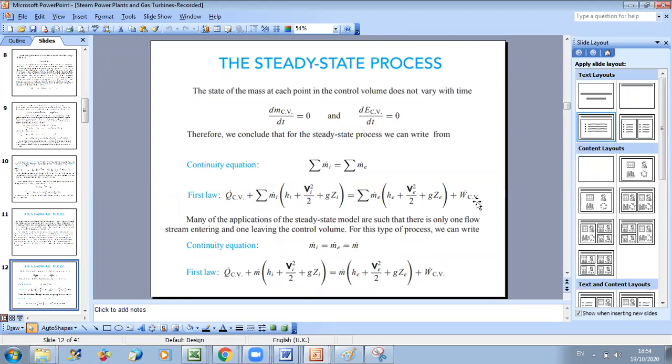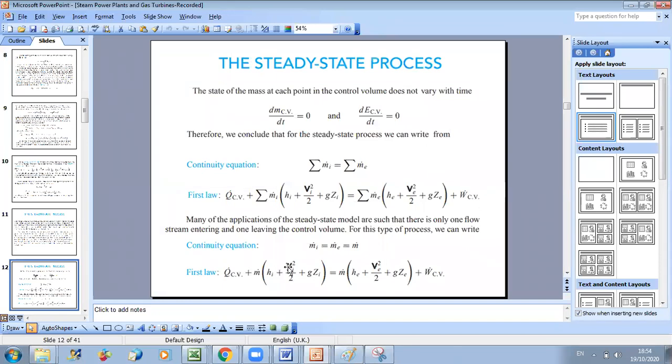In many cases we will consider one inlet and one outlet, therefore the mass flow rate m dot is constant, equal to m dot inlet equal to m dot outlet.